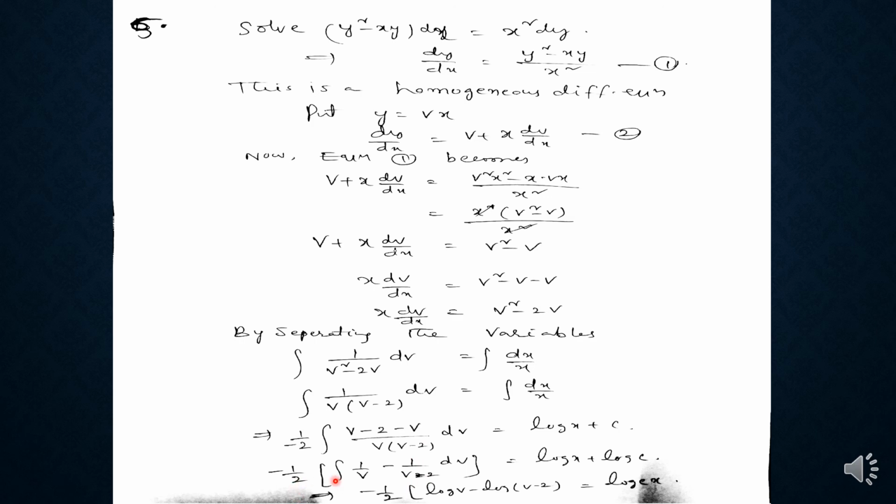We know that ∫ 1/v dv is log v, and ∫ 1/(v − 2) dv is log(v − 2), equal to log x + log c, the constant.